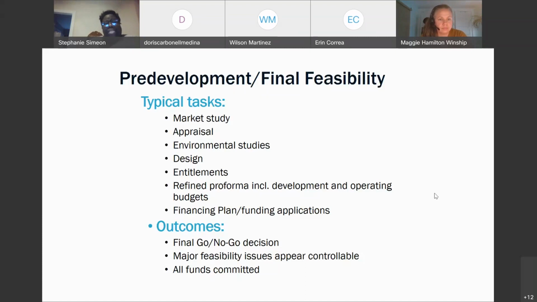So when you're trying to make the decision, that litmus test, is this a go or no go? You want to be able to say, well, it's a go when we look at the market study. Check, it works. That there is a need for affordable housing, or there is a need for homeownership.